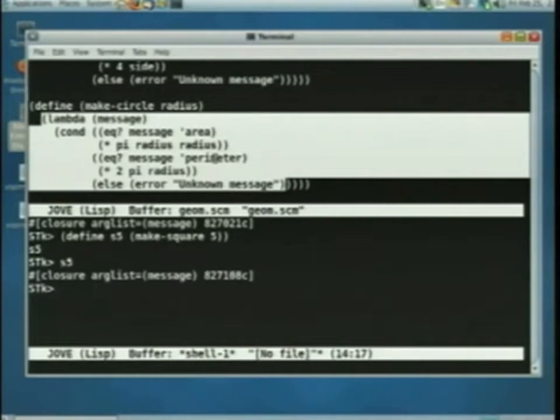So I'd like you to convince yourself, first of all, that this way of representing shapes is, in fact, a horizontal slice through this conceptual table. That we represent a square as something that knows all the formulas for all the operators on squares. In this simple example, there are only two of them, area and perimeter.